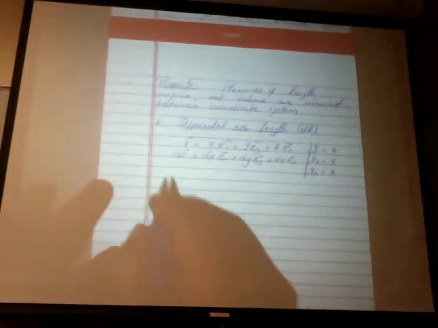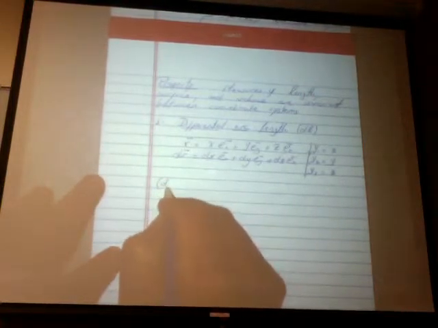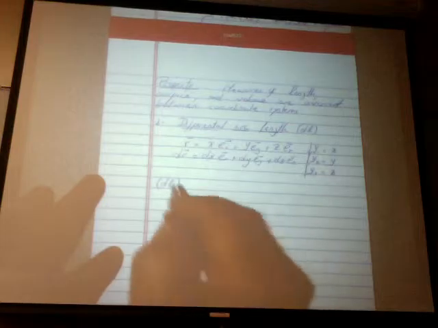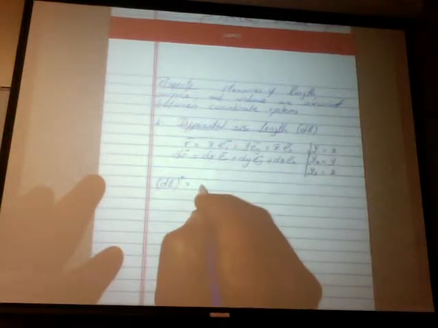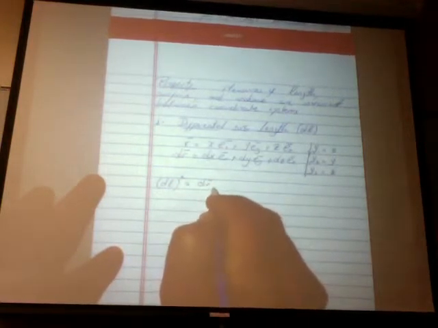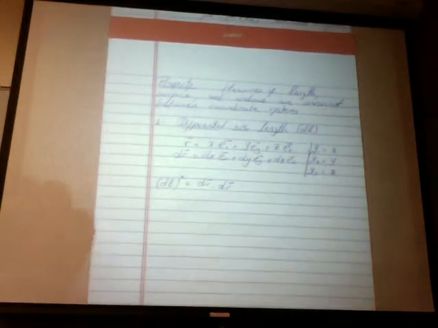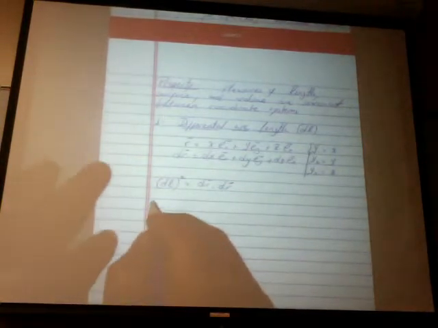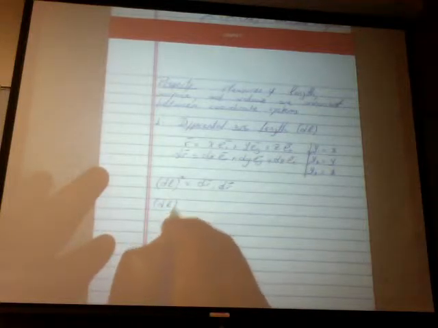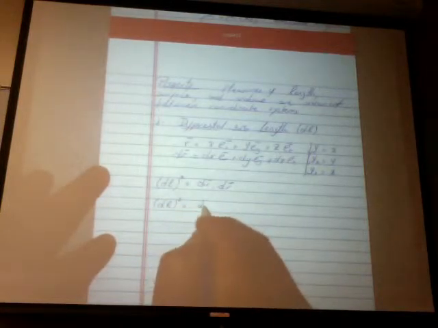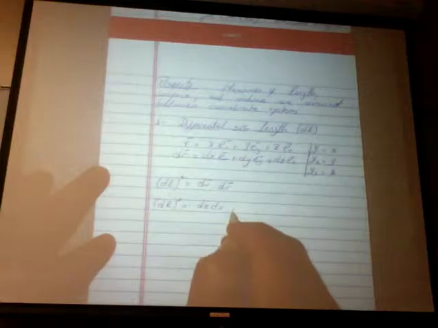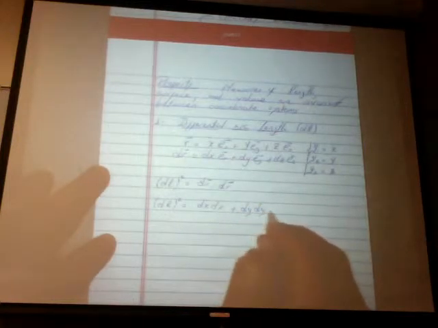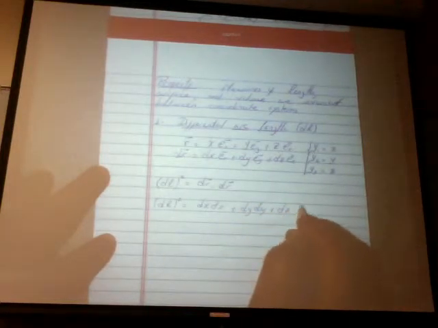So, a differential arc length squared is equal to dr dotted into dr. And therefore, the differential arc length squared is equal to dx dx plus dy dy plus dz dz.